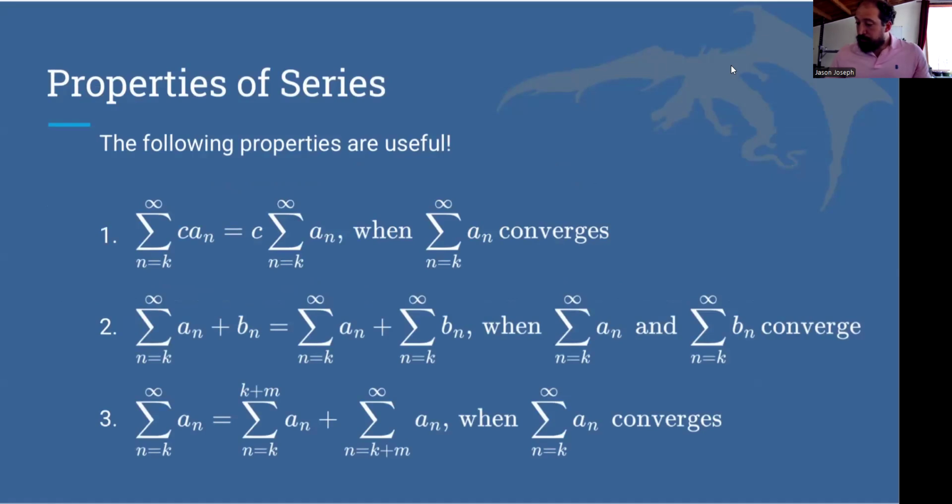Okay, so here's just a pile of equations. It's worth noting if I replace infinity here with some number and I'm looking at a finite sum, these things are always true. And this first one, factoring the constant out, that's just a distributive law. Splitting up a sum is just like addition is commutative.